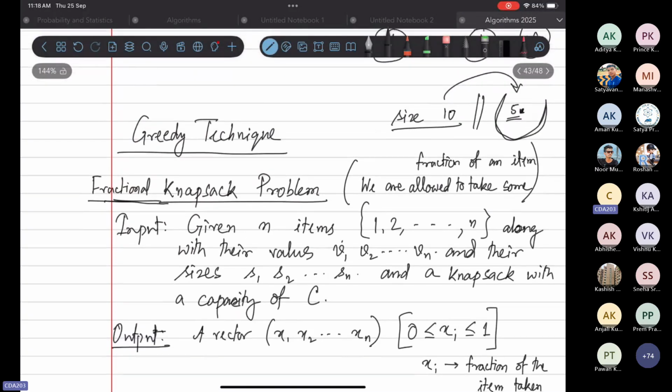For example, if the size of the item is 10 and I am taking 5 units of it, then x1 is basically half. I am taking half of that item. And I have to tell you this for each of these items.